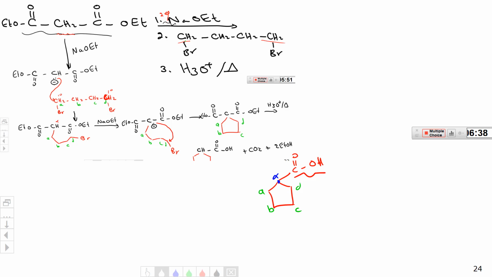If the BRs are 1, 2, 3, 4 from each other, it's going to be a 5-member ring. Why? Because there will always be the alpha carbon that is now attached to both of the carbons bearing the BR. If the two BRs, or two CLs, or two Is are 1,5 from each other and I'm doing malonic ester, that's the very typical three steps, it will be a 6-member ring.